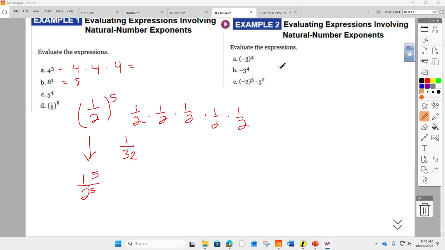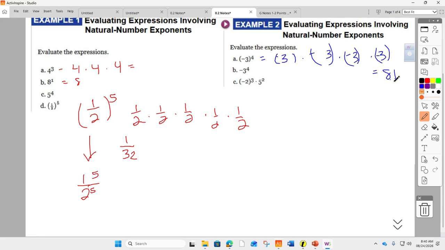All right. Let's look at A and B. We talked about this last section, but I think it bears repeating. -3 raised to the 4th power is not the same as the opposite of 3 raised to the 4th power. So this is -3 as a factor 4 times, so we're going to put the parentheses there. And that equals 81, I believe. Positive 81. So if you have a negative number with an even exponent, when you evaluate that exponent, it should be positive, right?